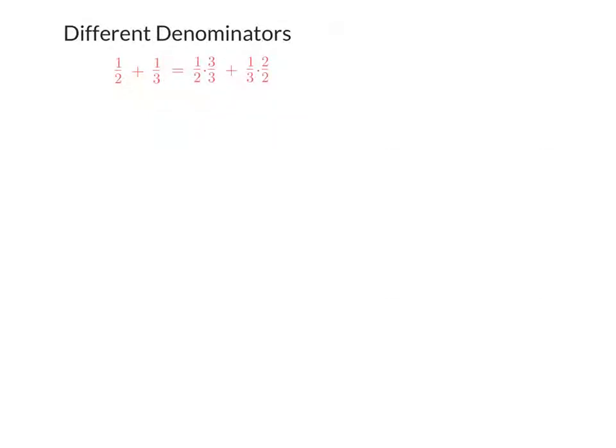So in this case, our common denominator is going to be 6. So the 1/2 you multiply by 3 over 3, and the 1/3 you multiply by 2 over 2. So now our addition problem becomes 3/6 plus 2/6. So there it is, adding two fractions with different denominators.